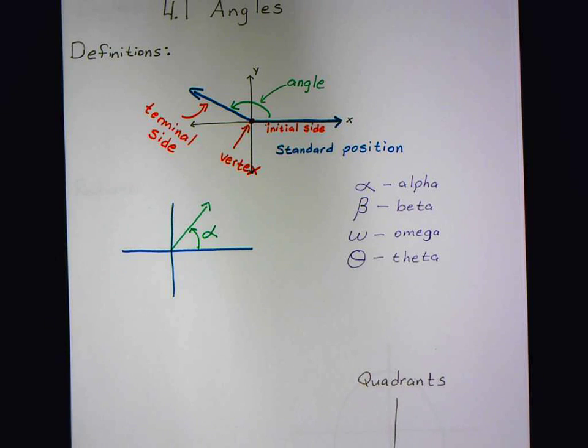Alpha looks like a fish. Beta looks like a bee with a tail. Alpha is a lowercase alpha. Beta is an uppercase beta. Omega is a lowercase omega. Theta is an uppercase theta. Why we switch back and forth between uppercase and lowercase, I don't know.